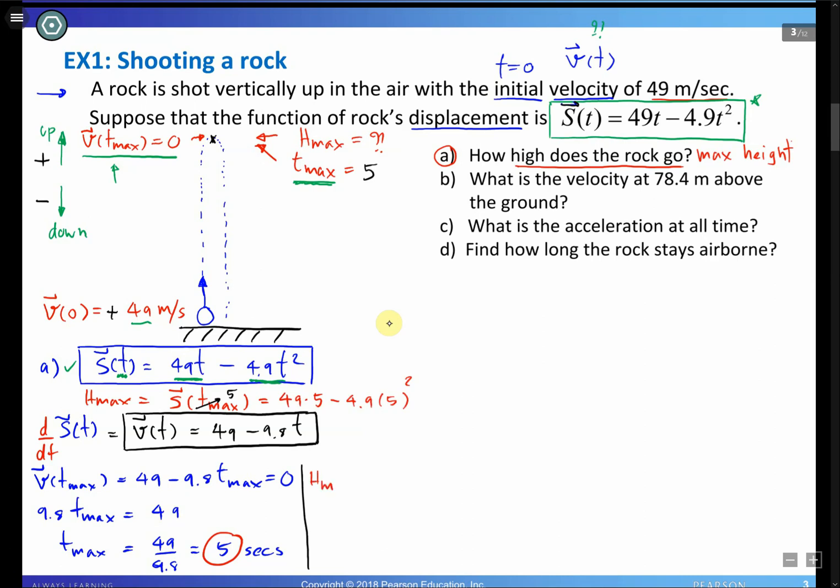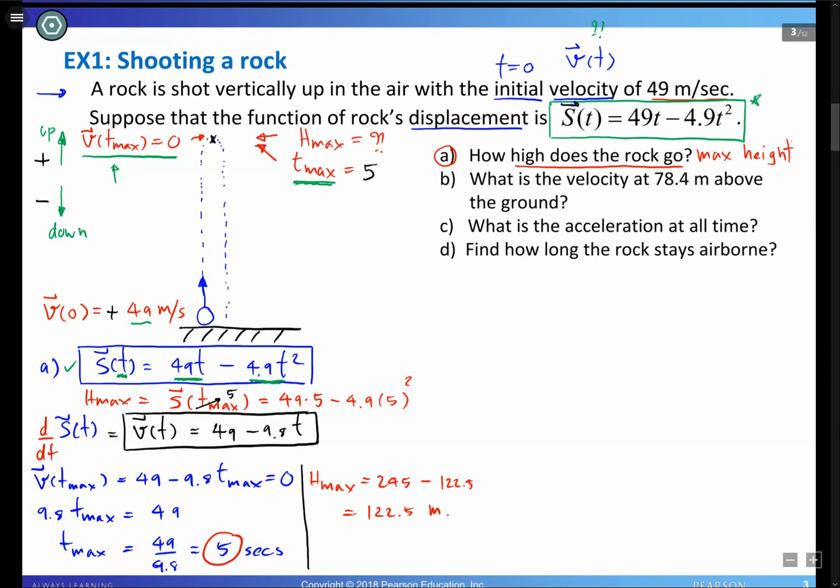So h max, right now it's going to be equal to the first term, 49 times 5, we have 245, minus 4.9 times 25, and that is equal to 122.5. So we have 122.5 meters for h max.